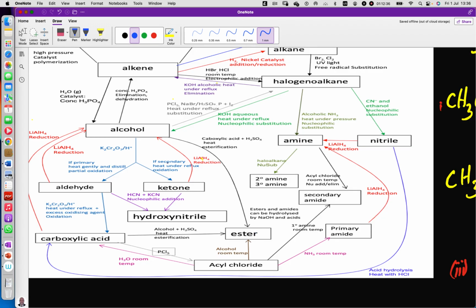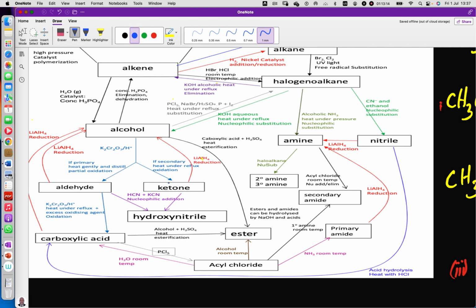Carboxylic acid can react with alcohol to form esters, and we use concentrated sulfuric acid as a catalyst. The alcohol plus the carboxylic acid is heated with concentrated sulfuric acid, used as a catalyst, and the product will be an ester. This process is called esterification.